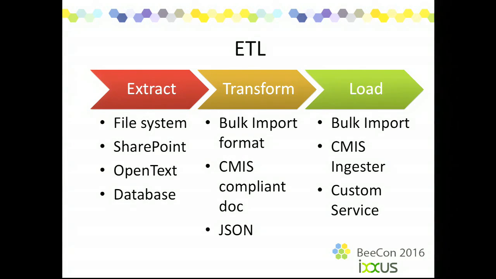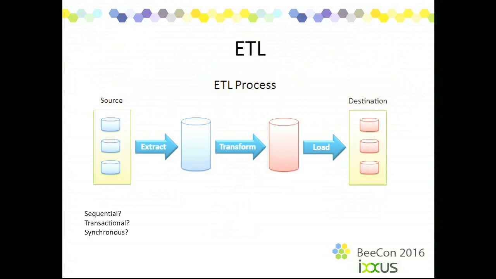Then we transform it to something that is understood by Alfresco, and then we load it into Alfresco with that format. We're talking about bulk import formats, CMIS formats, or JSON if you want to use a custom service, or some Alfresco out-of-the-box service, right? Cool. So now we have the process.